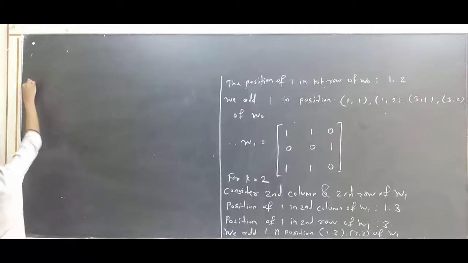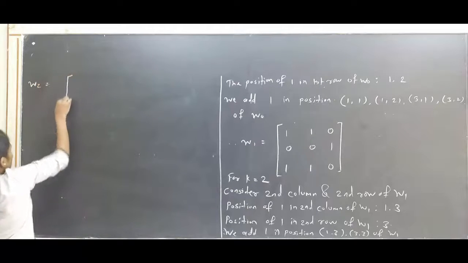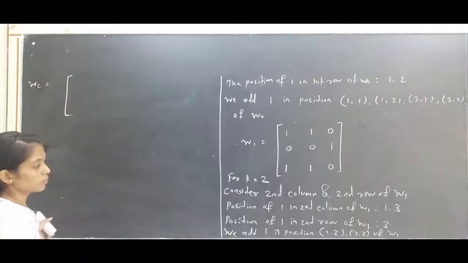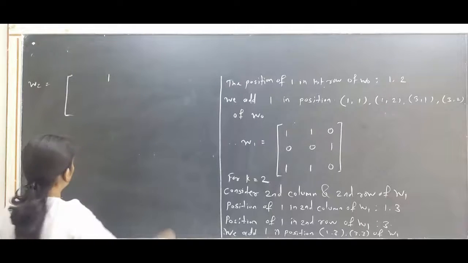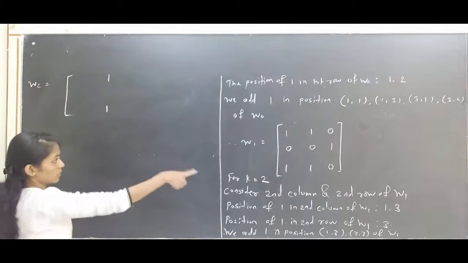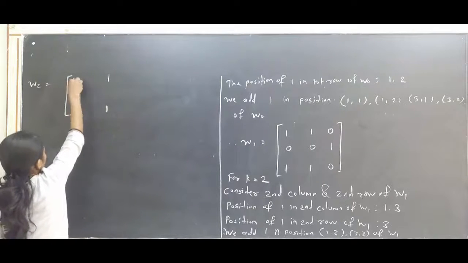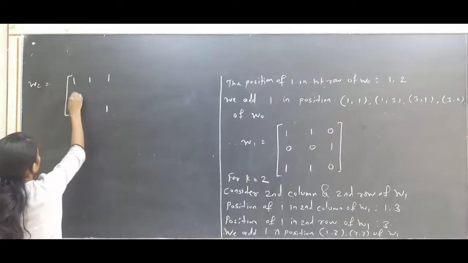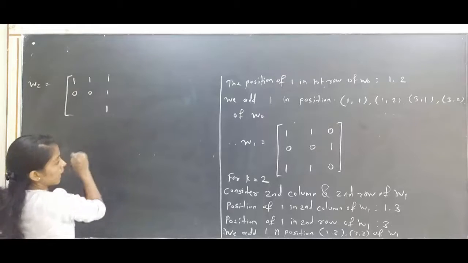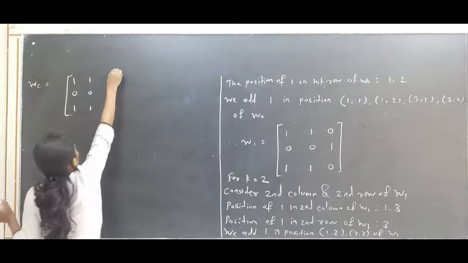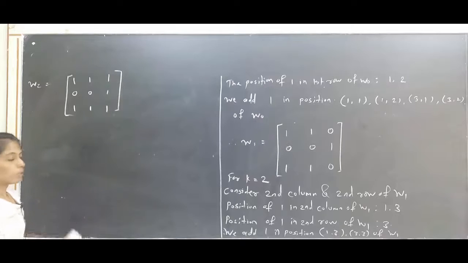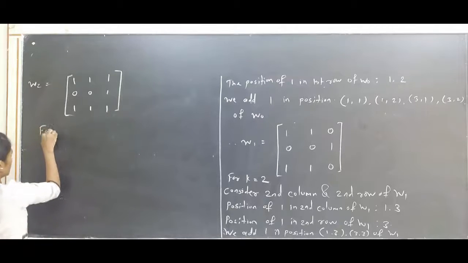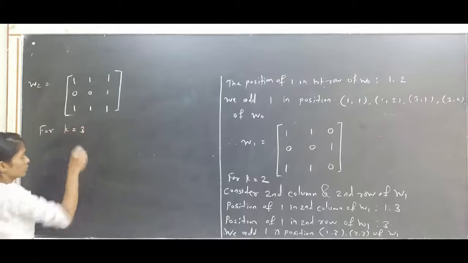So W2 equals, first add the positions 1 3, then 3 3, and the remaining entries of W1 as they are: 1 1 0 0 1 and here 1 1. So we get W2.